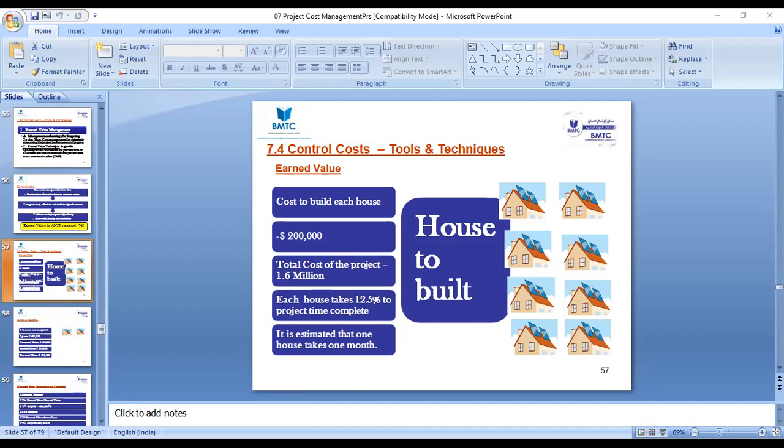Now, the other one, please note down, is that we have to forecast. So what is the difference between variance and forecast? We are using the earned value analysis to produce the variance report.